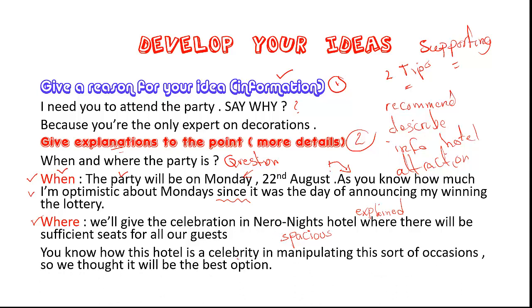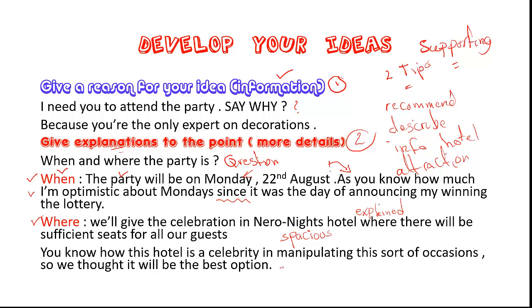We can add these two lines as well about the place: you know how this hotel is a celebrity in handling this sort of occasion. So he told us why we chose this hotel specifically, because this hotel is an expert in dealing with these occasions, so we thought it would be the best option.